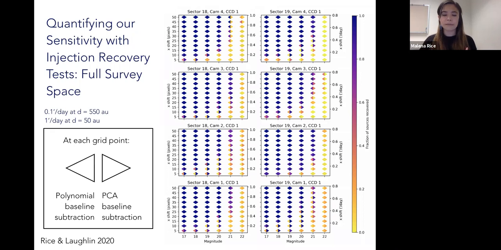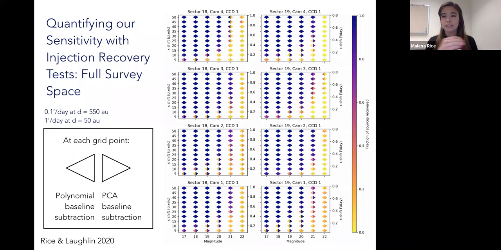And our PCA baseline subtraction method also performs generally better than our polynomial method, and that's because we don't get as much self-subtraction. So we're looking at other pixels in order to determine the baseline of a given pixel. And that's going to be really important for these really slow-moving objects like Planet 9 because they stay in one pixel for a really long time.